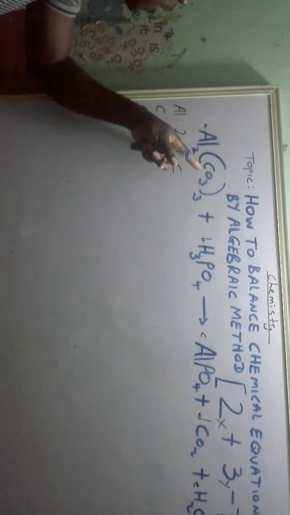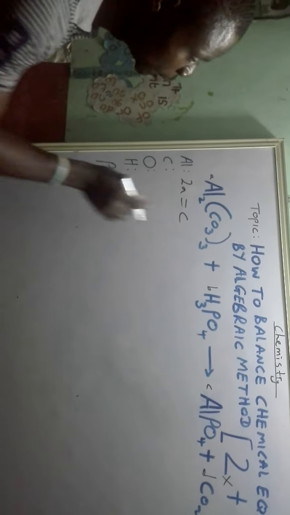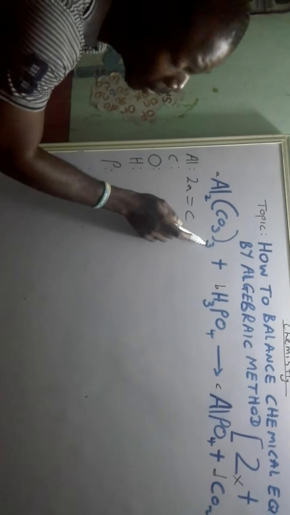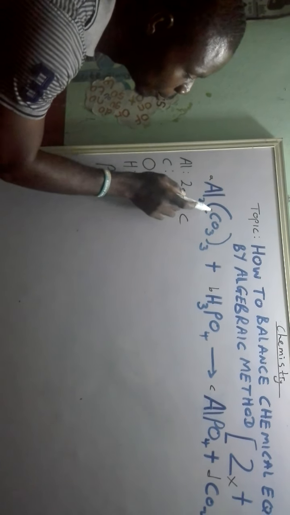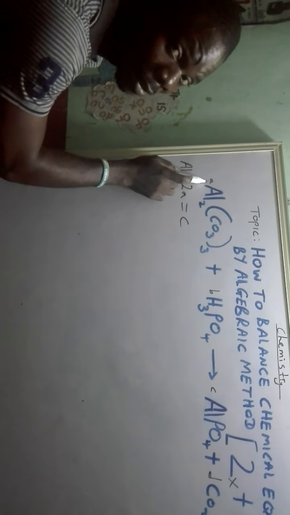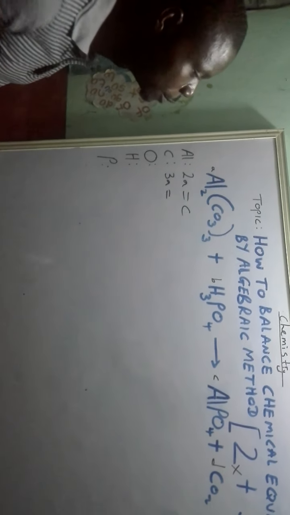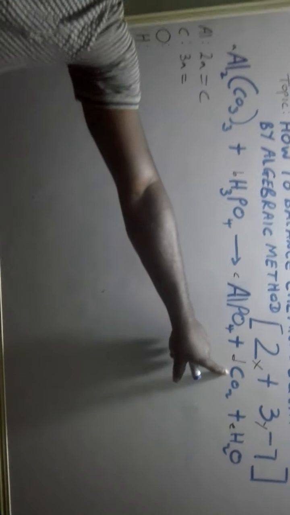So you move to the second player in the first compound, which is carbon. If you look at this bracket, we have 3 outside the bracket. So 3 multiplied by A, you have 3A, but you use letter A because you are using it as the unknown. So it will be 3A equals, now in the product side, we have 1 carbon.